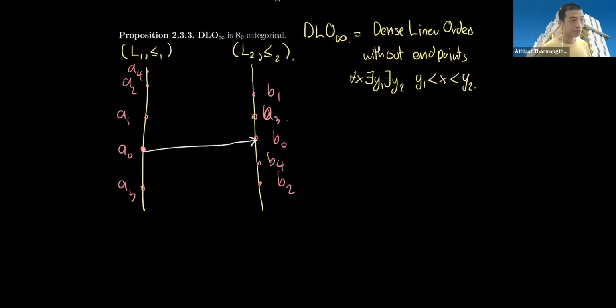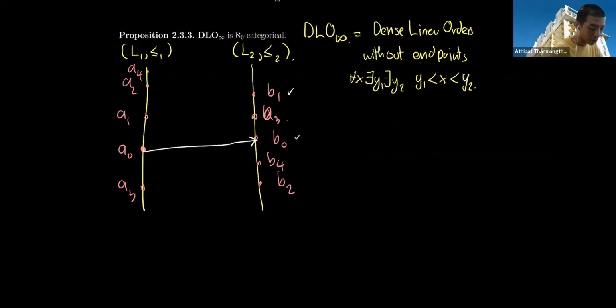And what's next? I want to construct a bijection, so what should I do next? Next, in order to make sure that I use every point on the right-hand side, I already used B0.